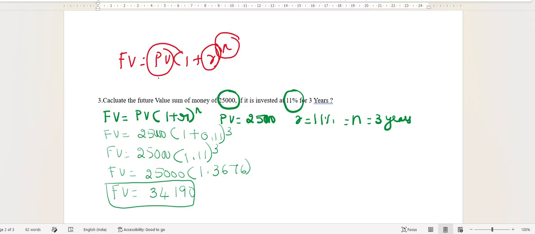In this video, we have learned how to calculate future value if there is a lump sum payment. Lump sum stands for a one-time deposit. If you observe all three problems, we are making a deposit only one time. And we are evaluating how this one-time deposit increases over a period of time with a percentage of interest and for a number of years. That is what we are trying to learn.